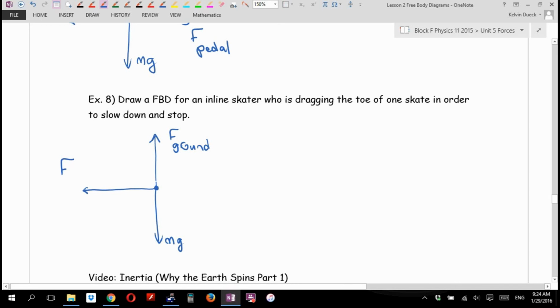Do you want to know what force that is? I think it's actually friction between the toe and the ground. So I'm going to call that friction. What else? Is there anything else?